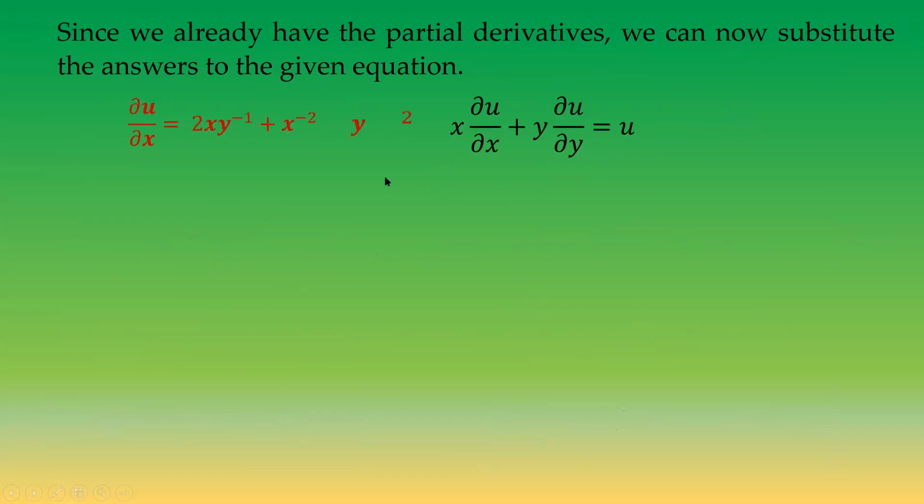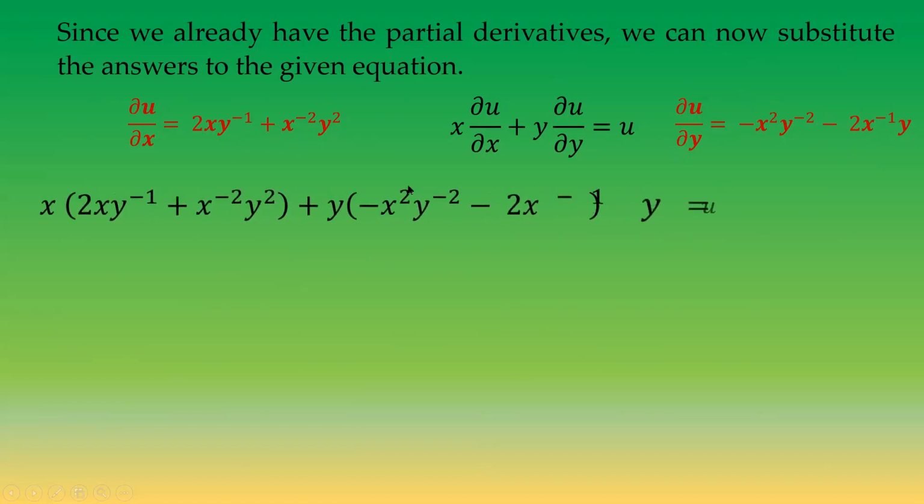So, recall natin kanina, nakuha ang partial derivative ng u with respect to x ay 2x y raised to negative 1 plus x raised to negative 2 y squared. And our partial derivative of u with respect to y is negative x squared y raised to negative 2 minus 2 x raised to negative 1 y.